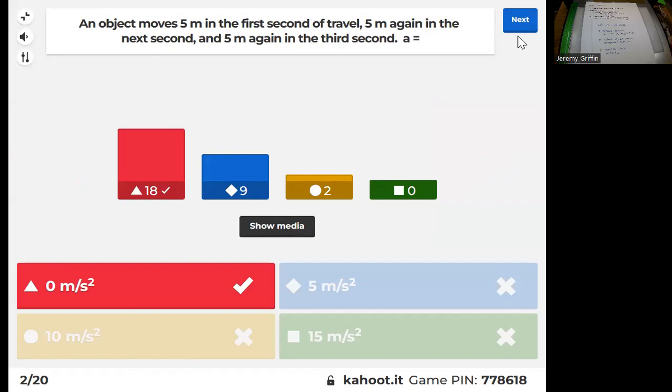Let me ask you guys a different question: what is the velocity? The velocity is 5 meters per second, but acceleration is a rate of change of velocity. You see there's no rate of change of velocity? You guys remember, 0 acceleration and constant velocity, are those synonyms? Yeah, that's the same thing, and there's an example of it right there.